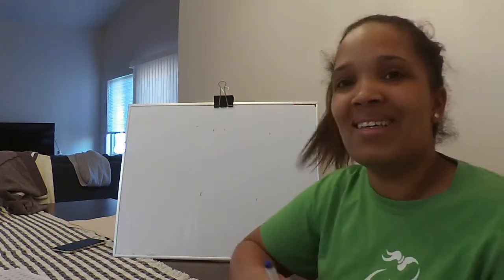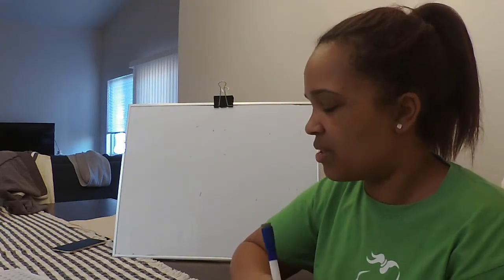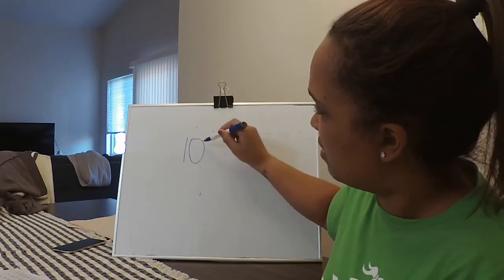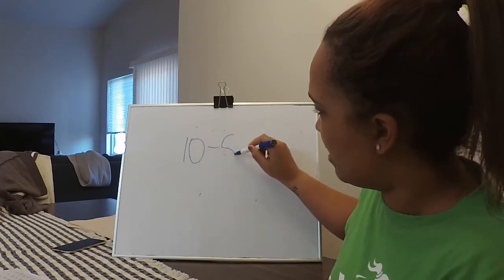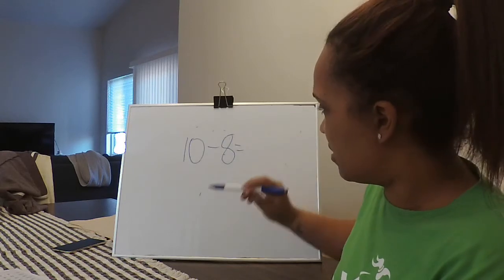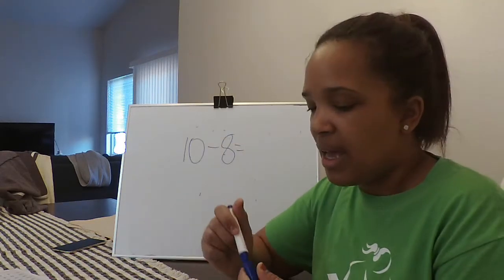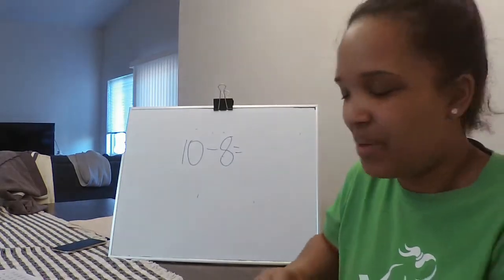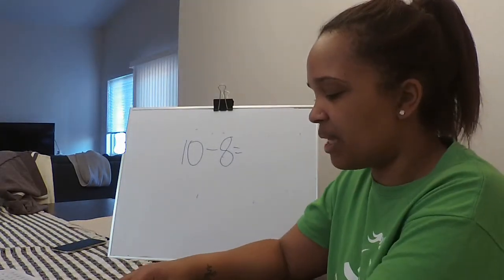Okay, so let's try the numbers 10 take away 8 equals. And if you don't write anything on the board, what we can do is use something in the kitchen to count with, or something in your playroom.